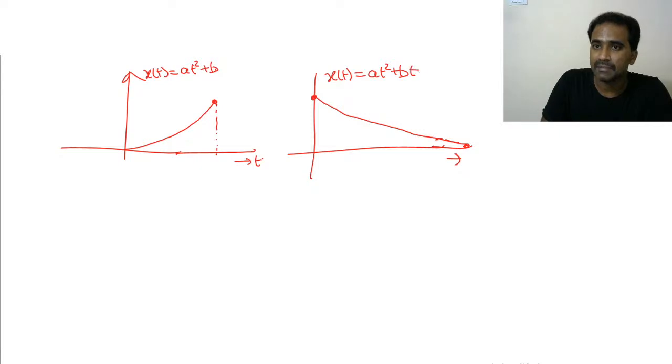At square plus bt plus c also, anything is fine. So second order equation you can say.